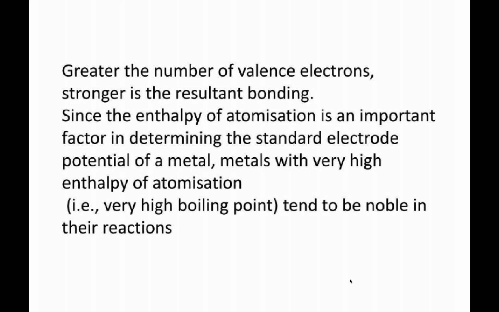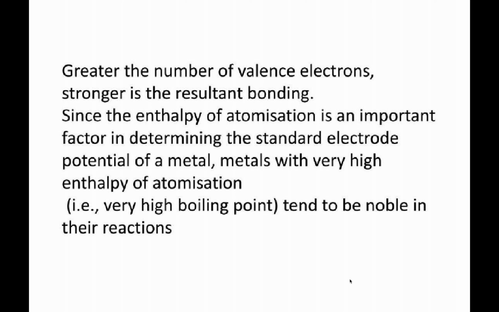And now you can see that if the number of valence electrons is greater, then the bonding will be stronger. So what is meant by valence electrons? Valence electrons are electrons seen in the outermost shell of an atom, and they are the ones which take part in the formation of a bond.